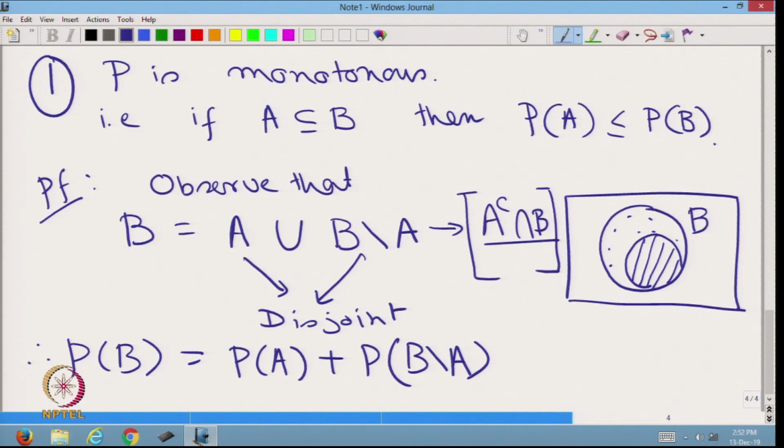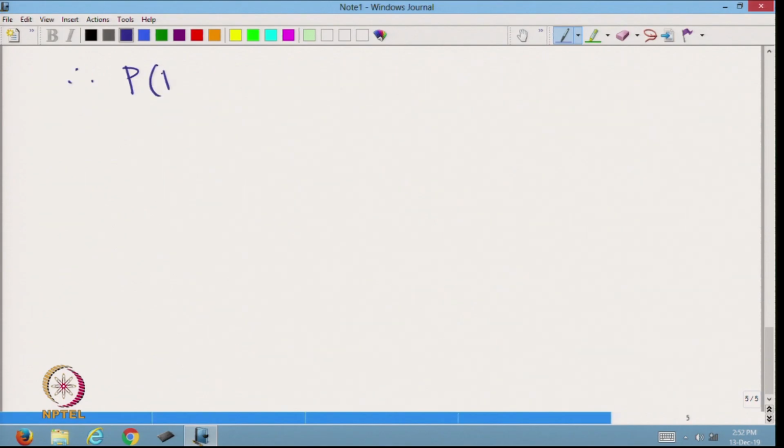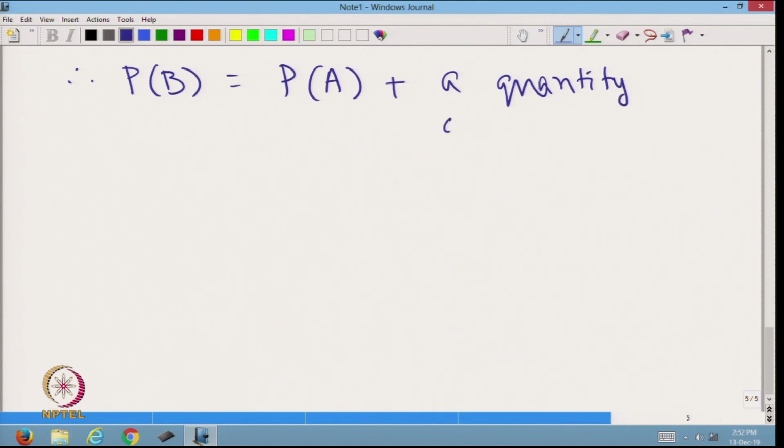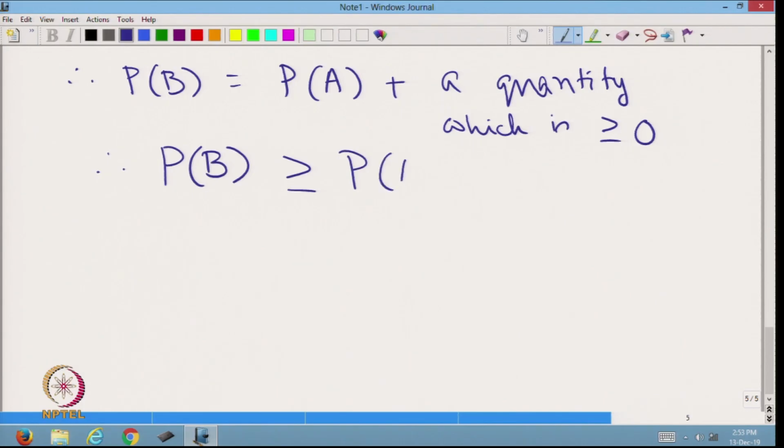Therefore, what we find is that probability of B is equal to probability of A plus a quantity which is greater than or equal to 0. Therefore, probability of B is greater than or equal to probability of A.